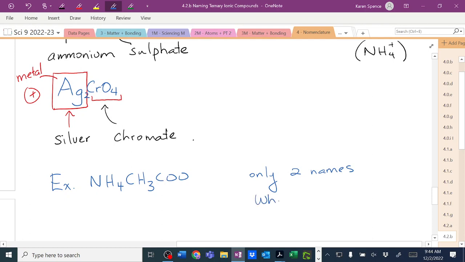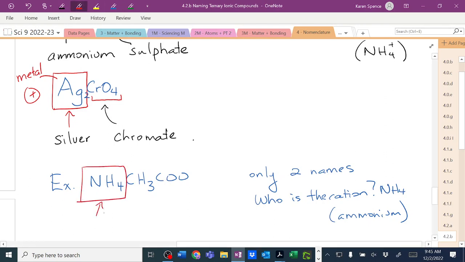So who is the cation? It's ammonium. That's NH4, ammonium. So we can put a box around that, and we'll name that. That is ammonium.